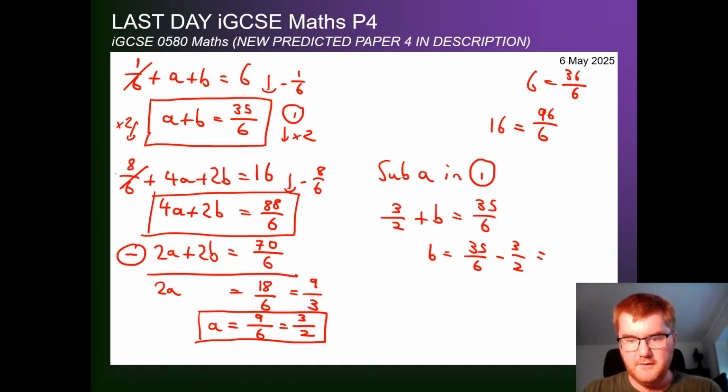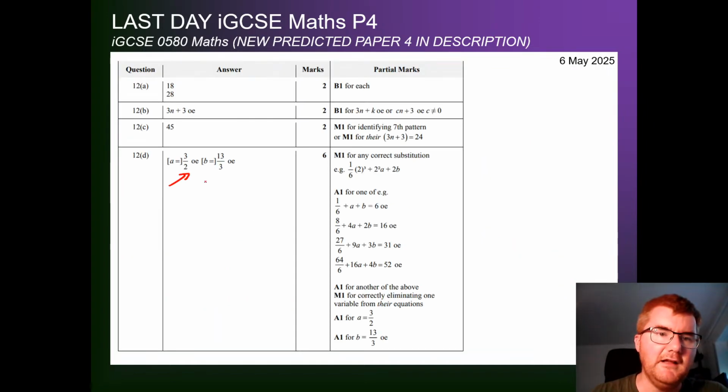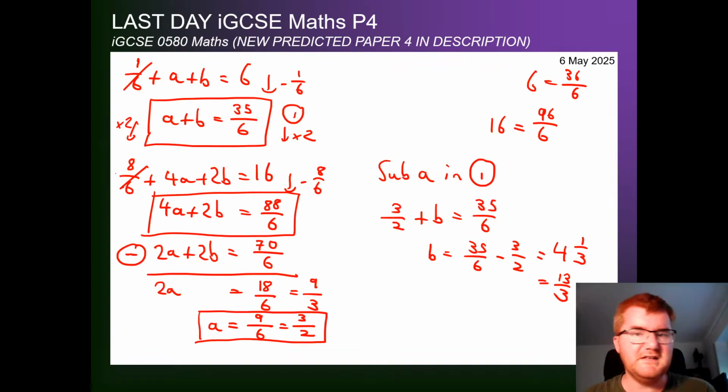Minus 3 over 2. And that gives us 4 and 1/3 according to my calculator. Again, we can also write this as 13 over 3. Notice they like it here as 13 over 3, but you can have both here in order to get all the 6 marks. A whopping 6-mark question here. I'm only really going through harder questions today.